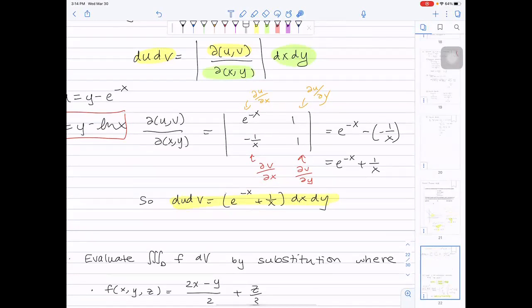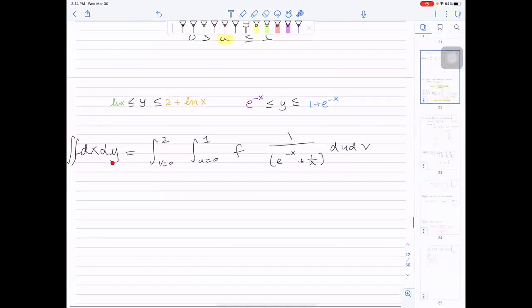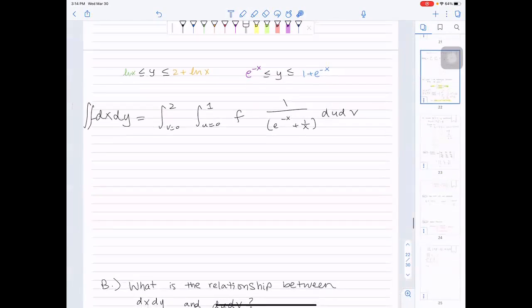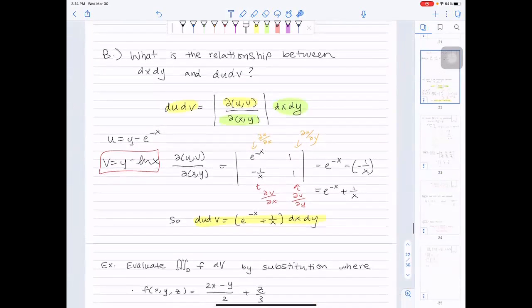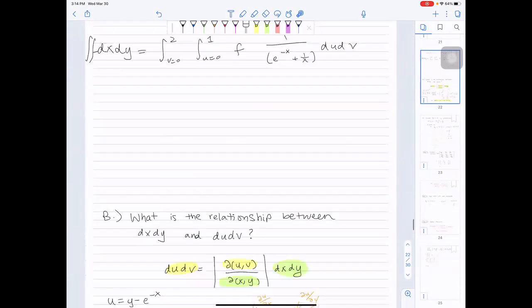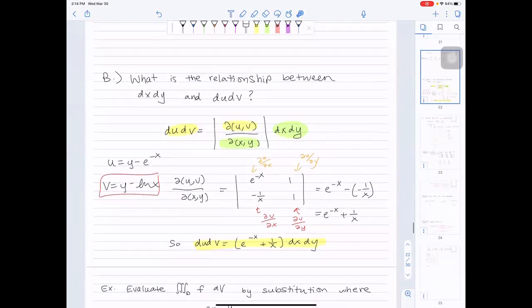Wait, so then can you show me? Because originally, now this is in terms of x, so if the integral is in terms of du dv, how would you... Oh wait, let me.